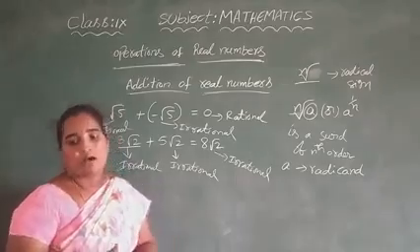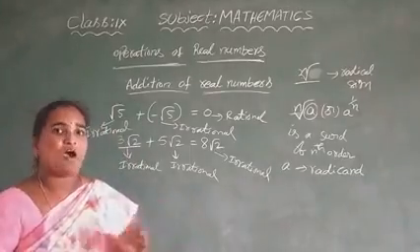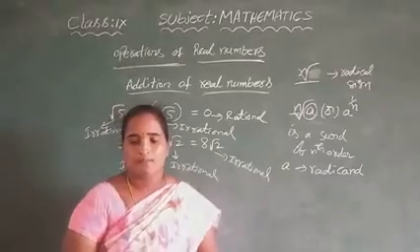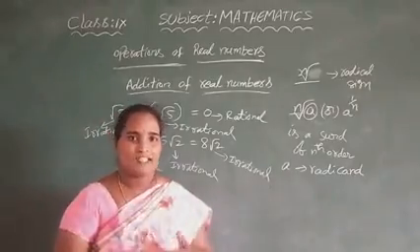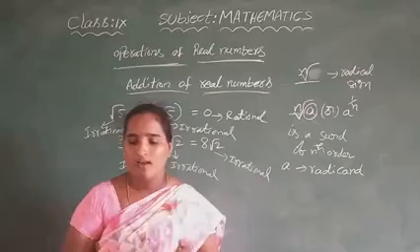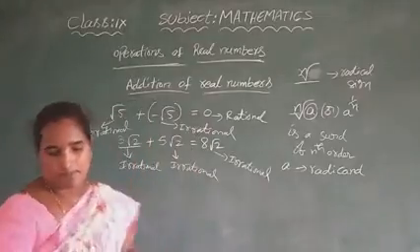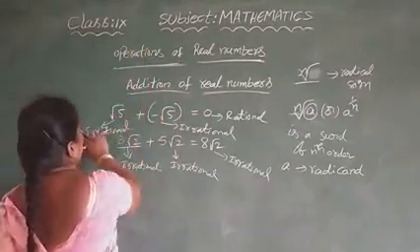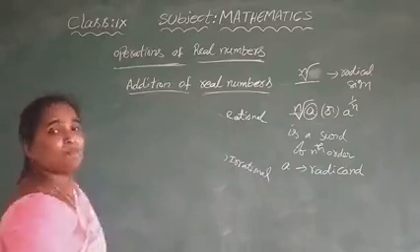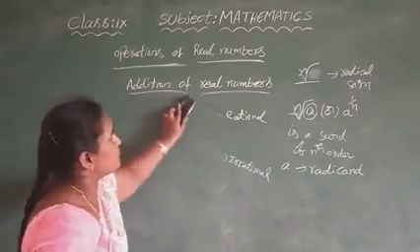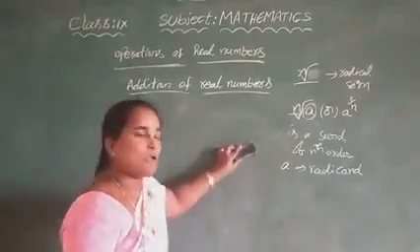So the sum of two irrational numbers is either a rational or an irrational number. Do you understand this? It's clear? So, in these operations, the sum of two rational numbers is again a rational number, and the sum of two irrational numbers is either rational or irrational.